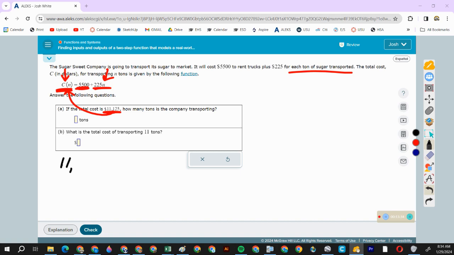So 11,125 is equal to 5,500 plus 225N. So if I need to find out how many tons there are, we'll subtract 5,500. So 11,125 minus 5,500.